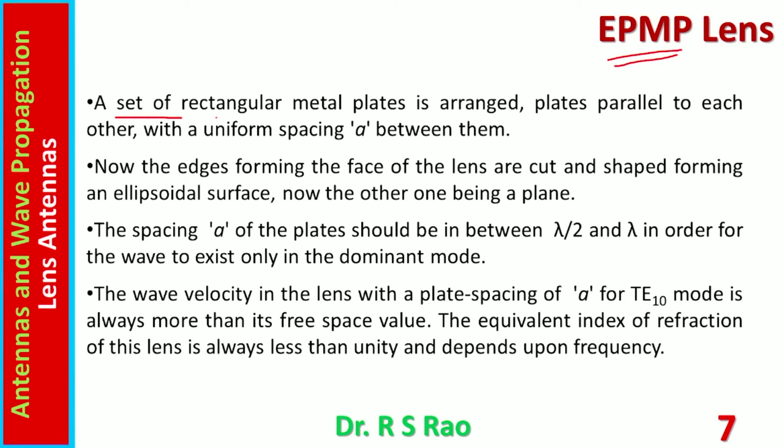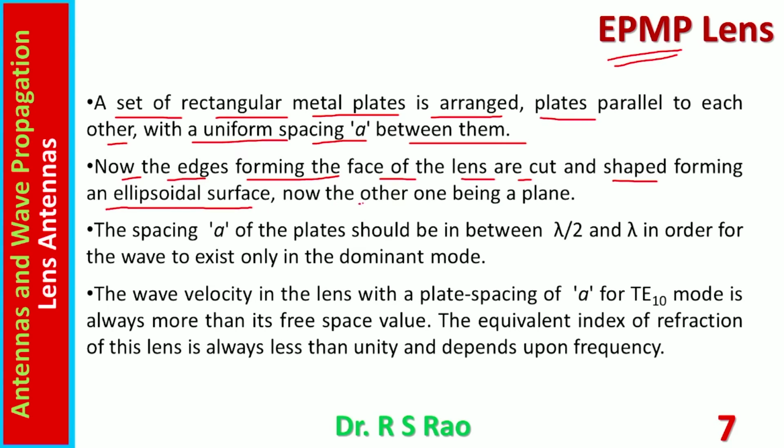A few points regarding the EPMP lens. A set of rectangular metal plates is arranged, plates parallel to each other with a uniform spacing A between them. Now the edges forming the face of the lens are cut and shaped, forming an ellipsoidal surface, the other one being a plane.